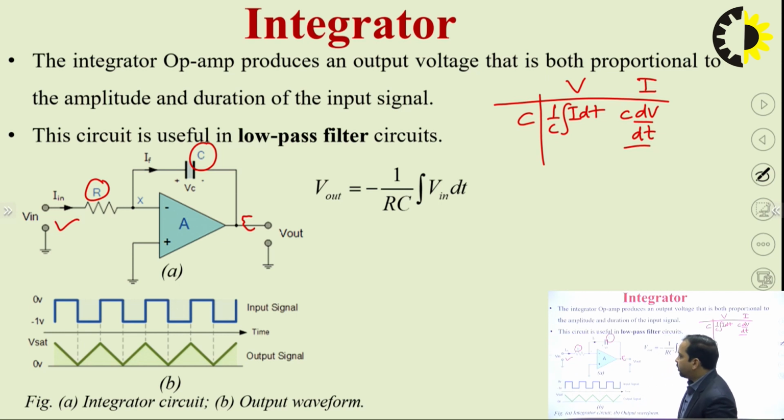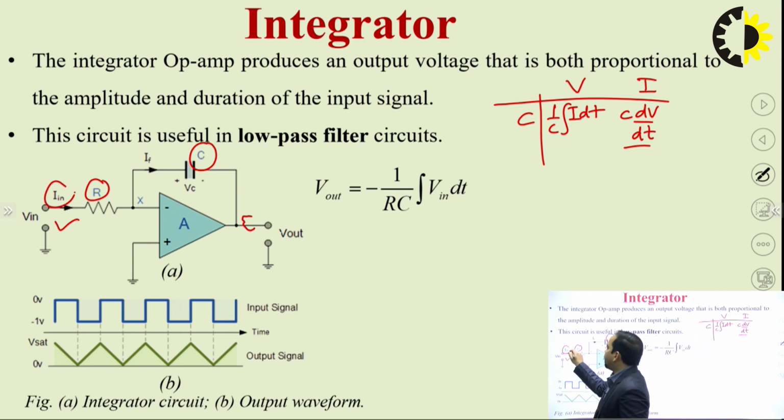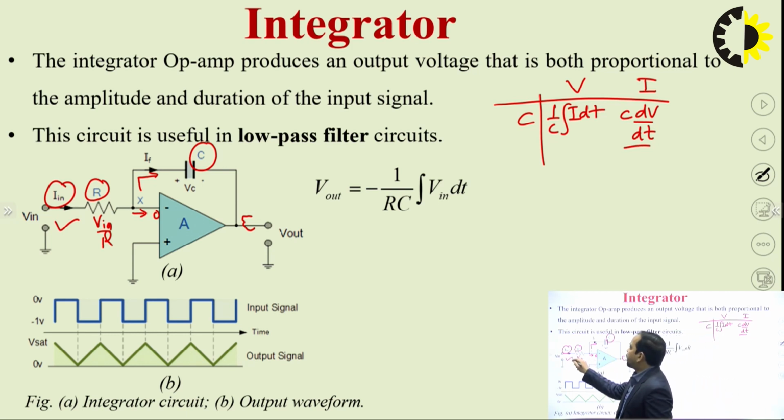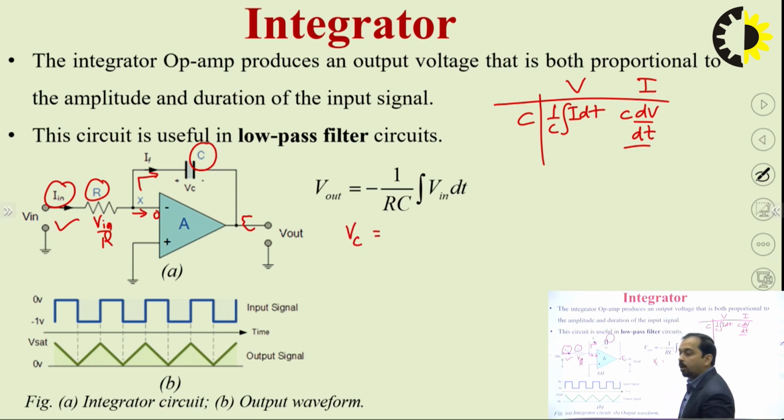How can we find, first of all, the amount of input current? The value of I input will be V input divided by R. Now we are aware that no current enters the op-amp and all the current gets bypassed through the feedback. If IF is the amount of current through the capacitor, then VC, the voltage across the capacitor, will be 1 by C integration of IF dt.